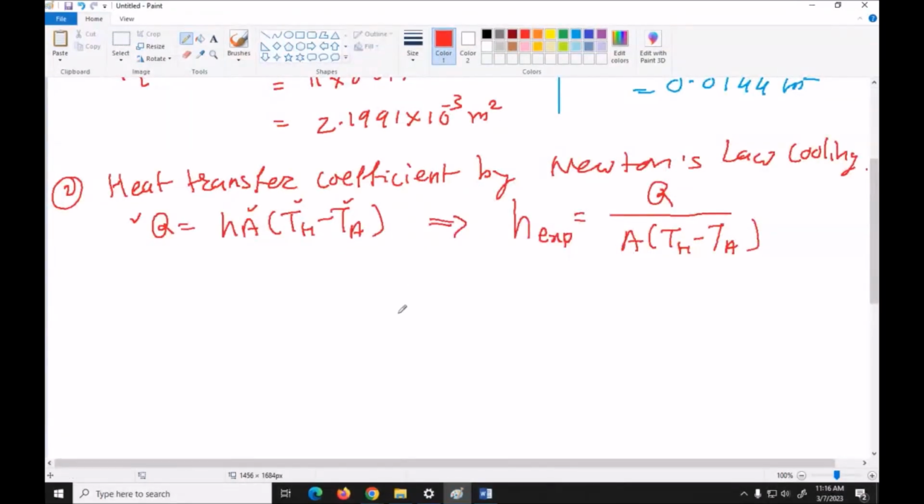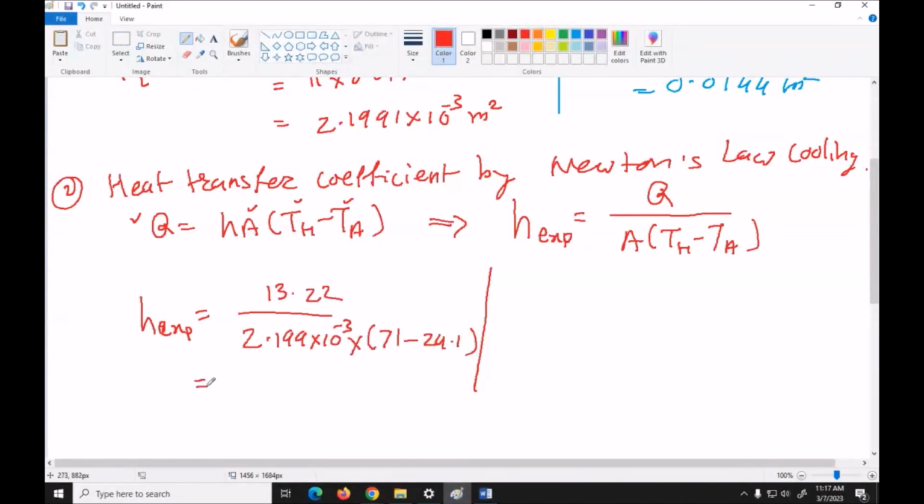So I will write for the GUNT and ARMFIELD, h experimental is equal to 26.44 watt per meter square degree centigrade or Kelvin. So here also put directly Q and area and TH, you will get h experimental.